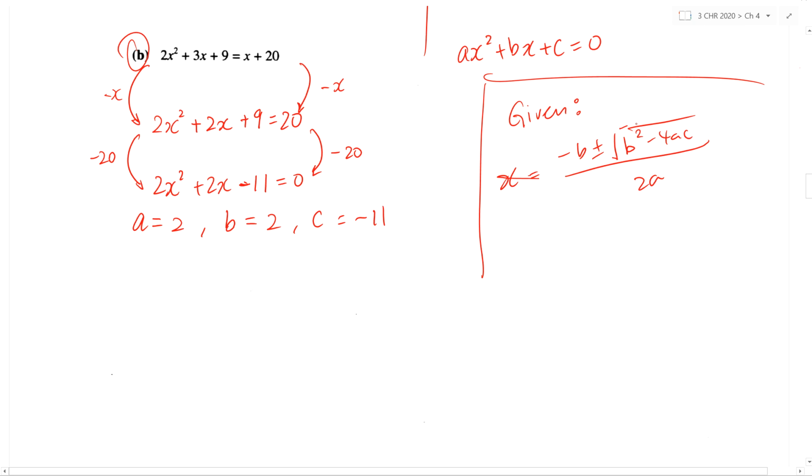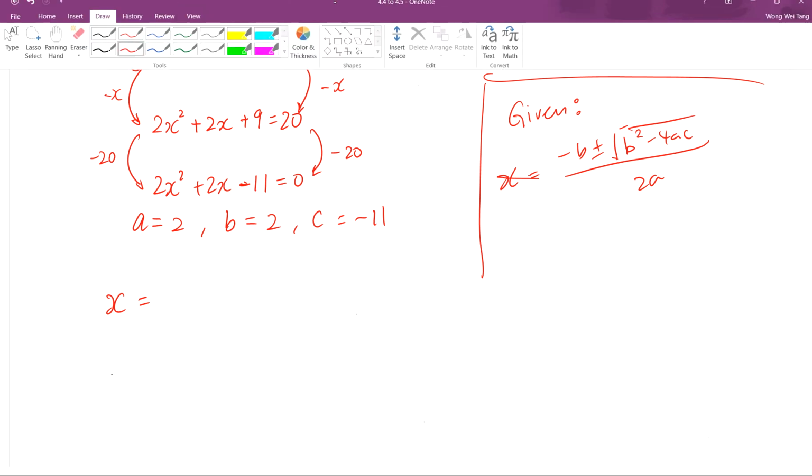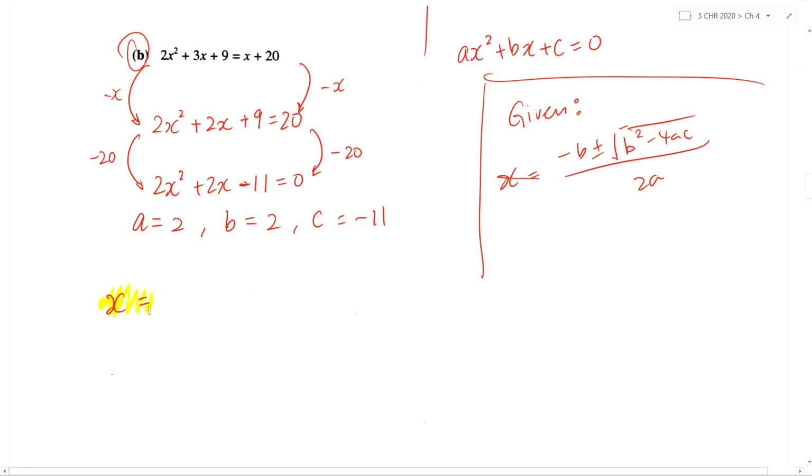Okay, so now using what we have, x equals 2. Can you check your work that you did write this down? You must have written down x equals. Instead of just writing down the formula, minus b plus minus blah blah blah, that's not good enough. You must tell me what you are calculating, and in this case, we are calculating x.